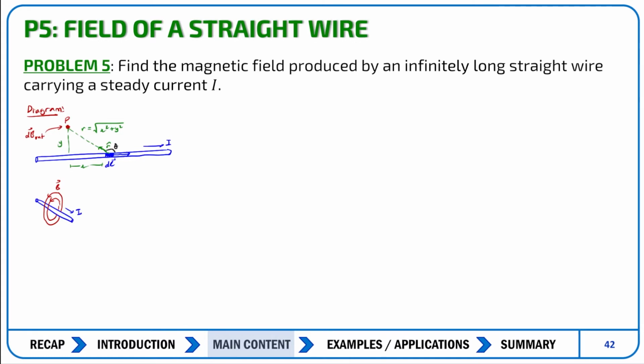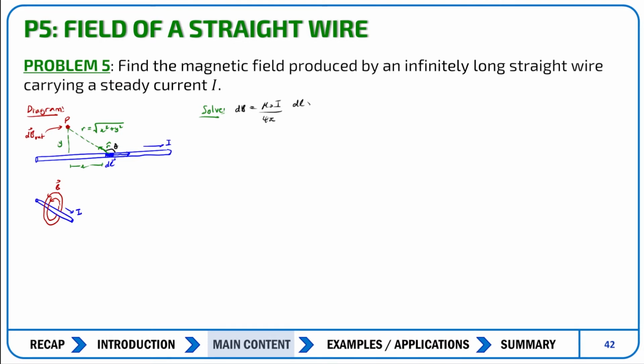So now that we have this, we have to use the Biot-Savart Law to see the contributions of each small piece of dl. I'm just going to put some notes here. We know that dB is equal to mu naught I over 4 pi.